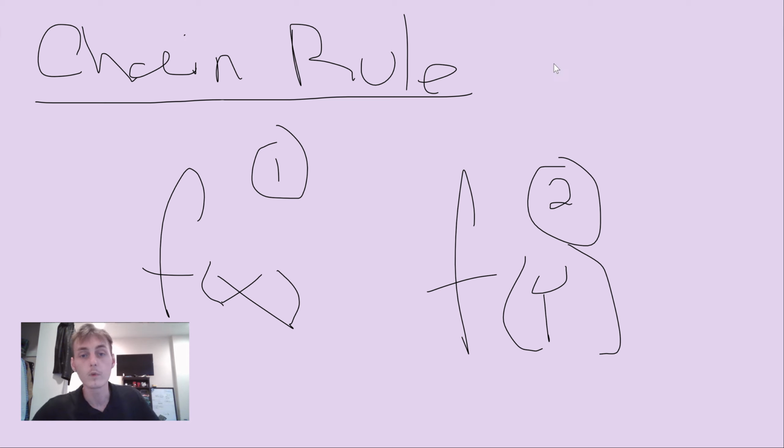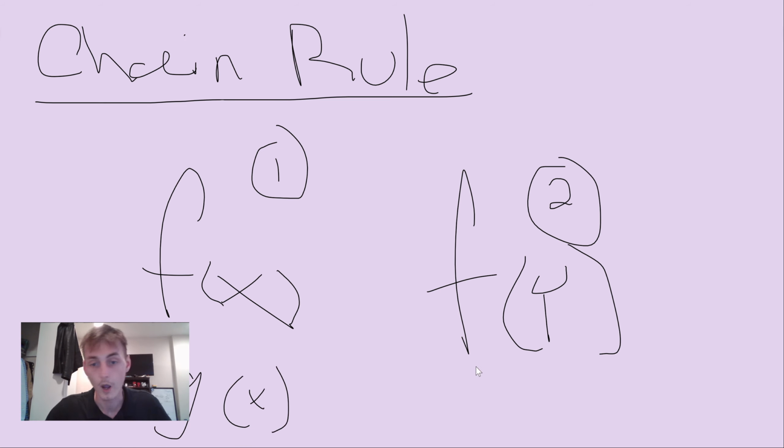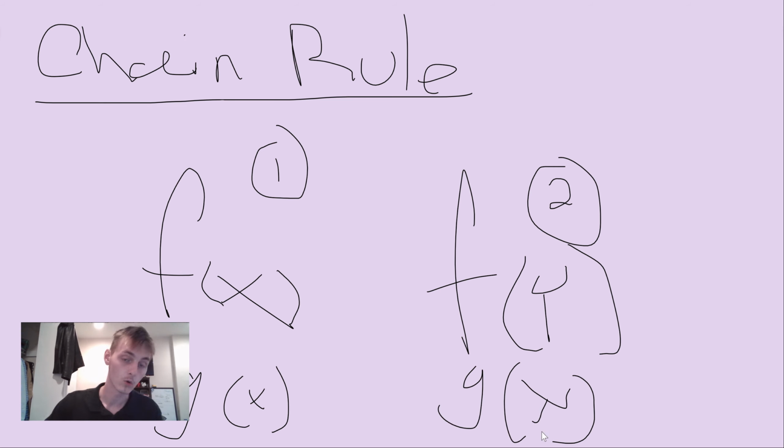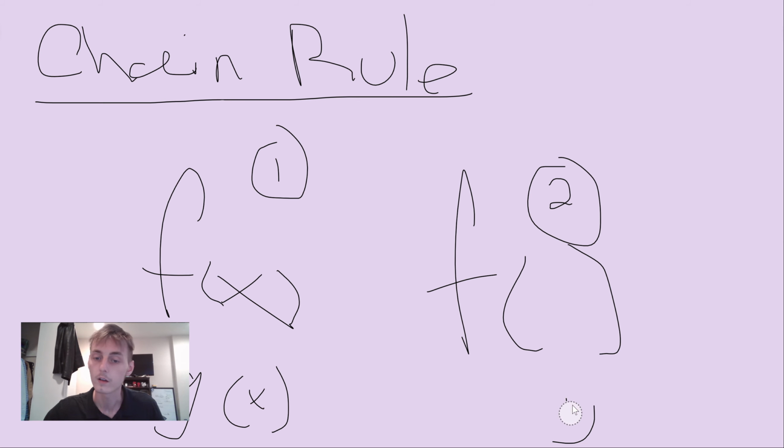Now, if you want to incorporate g of x and g of y, you can easily incorporate this into a composite function simply by taking the y value and pulling the g of x from the entire equation into the y value of f of y or f of x, g of x.